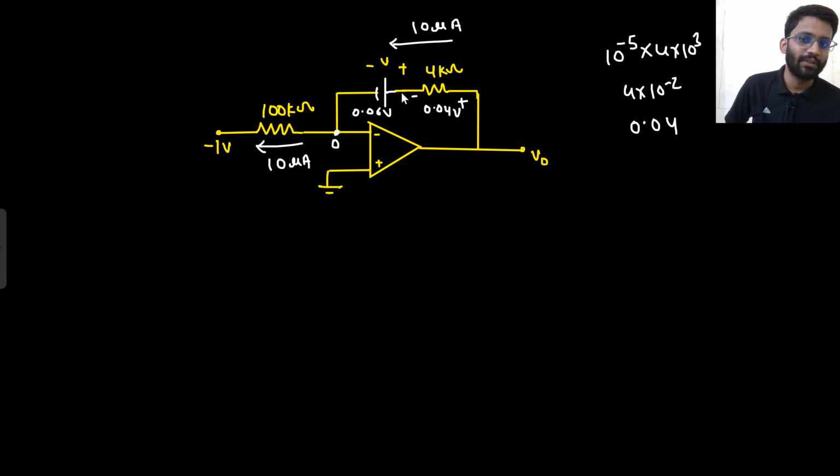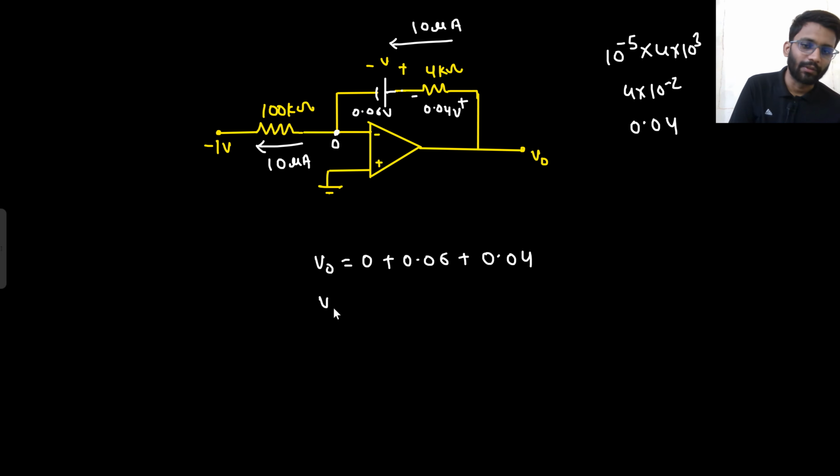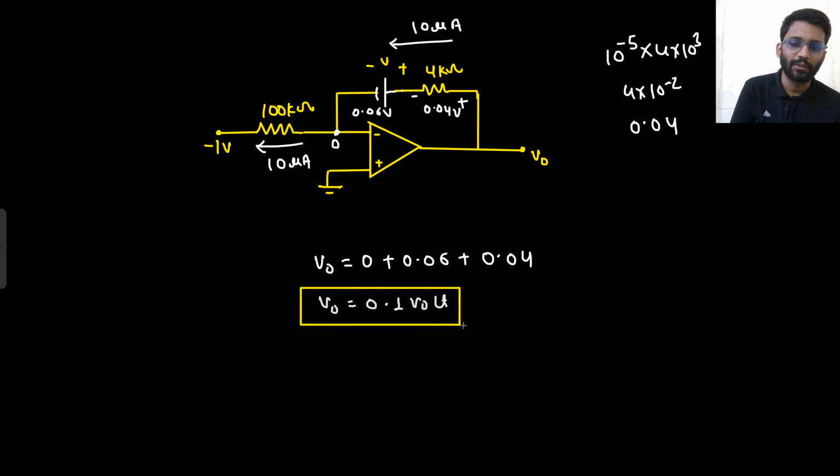So if this node is 0, this node will be 0.06, and the V node will be 0.06 plus 0.04. Right? So what will be your V node? V node will be 0 plus 0.06 plus 0.04. So your V0 will be 0.1 volt. Say yes or no. This is your final answer.